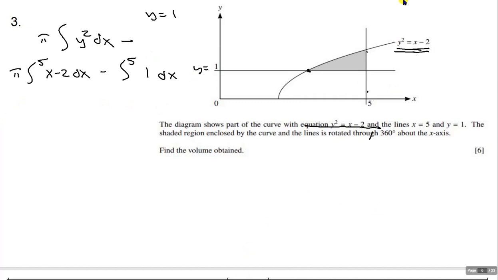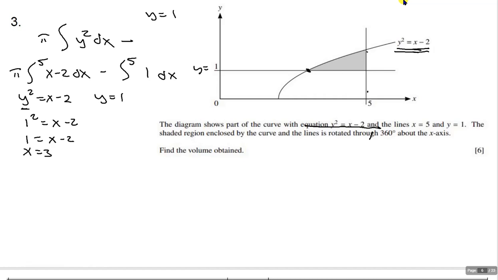Okay, so let's take this equation, y squared equals x minus 2. And then we're going to find out where it intersects with y equals 1. So if I replace this y with a 1, it's going to be 1 squared is equal to x minus 2. 1 is equal to x minus 2. X is going to equal 3.